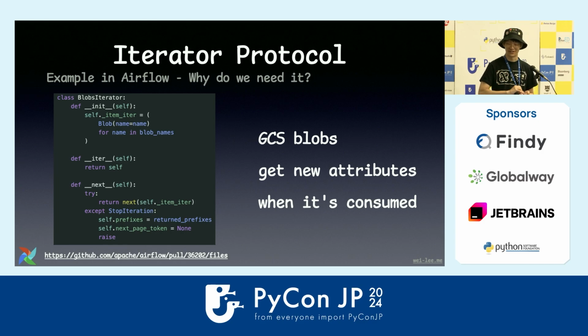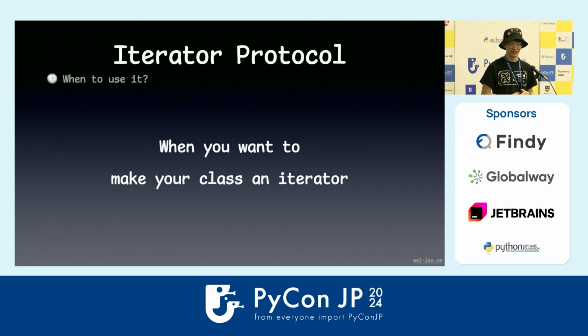So this is somewhat interesting behavior. That's why I use this iterator protocol. And speaking of when to use it, whenever you want to make your class an iterator, I think this is pretty much the only case I ever used the iterator protocol.